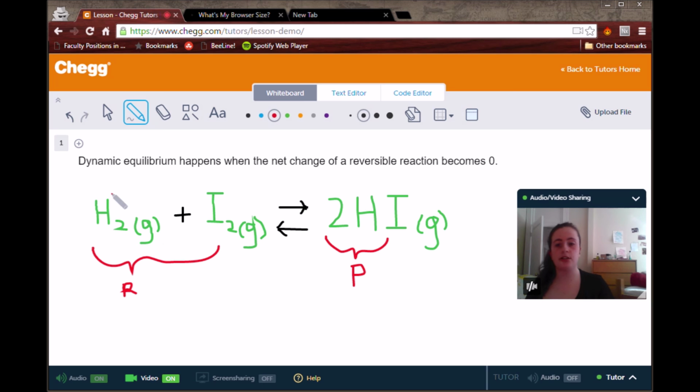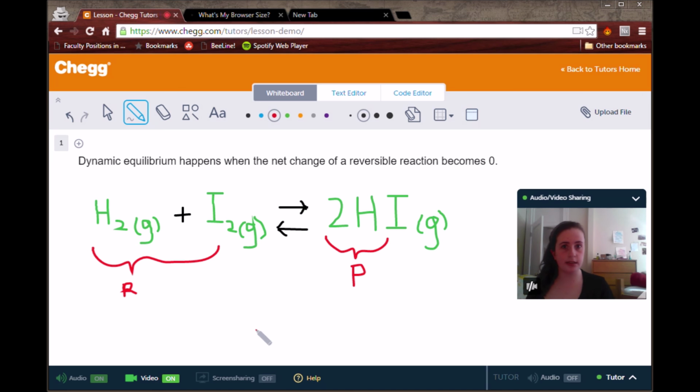So in this reaction, which is hydrogen gas and iodine gas make HI, also a gas, say you have a closed container, meaning it's a closed system, things can't get in or out, and you put in a bunch of hydrogen gas and iodine gas, and you close it up.